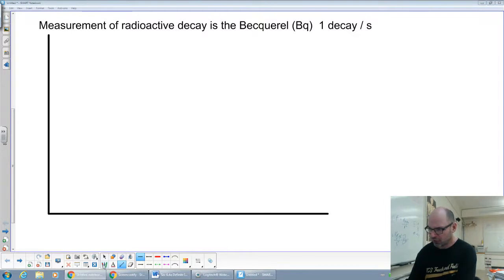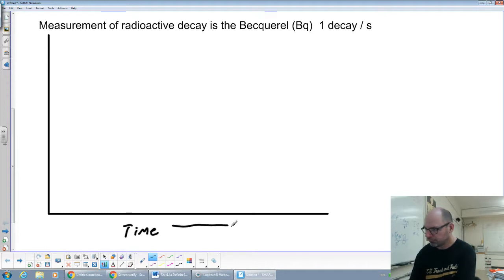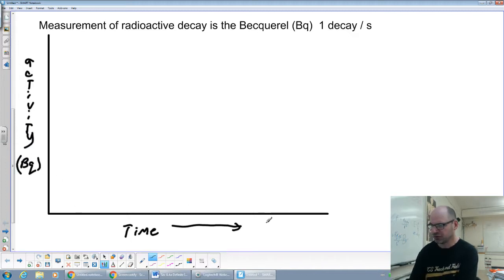So this is time, and this is activity, usually measured in becquerels. Time could be measured in seconds, years, or whatever, it doesn't matter. And it usually goes in an exponential decay.